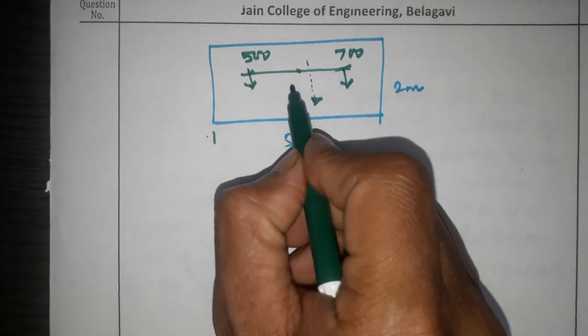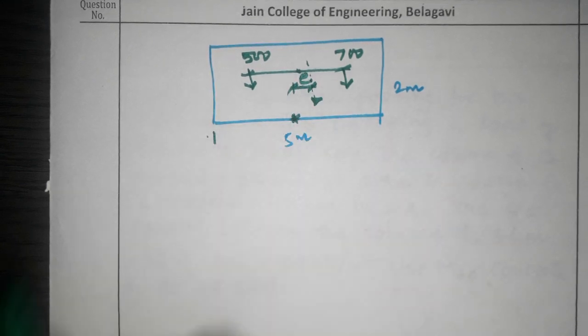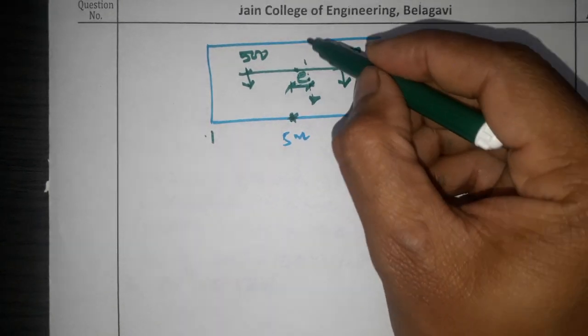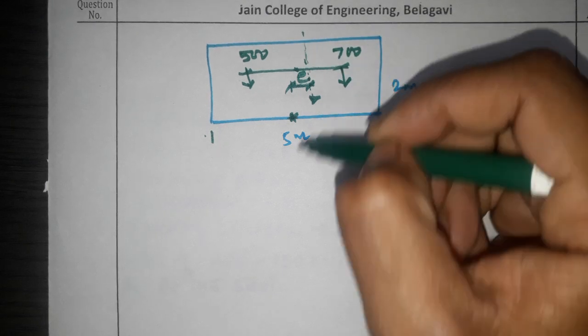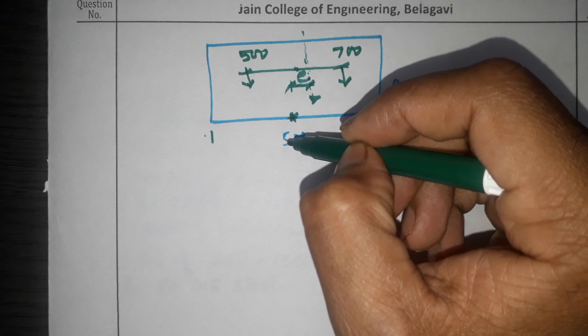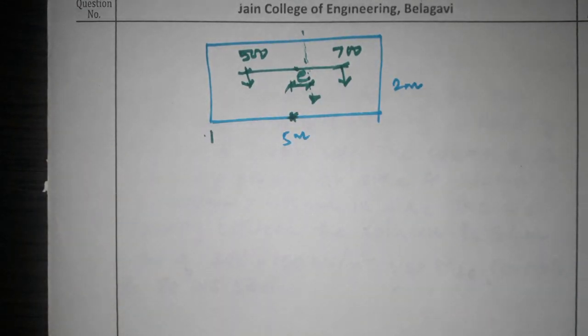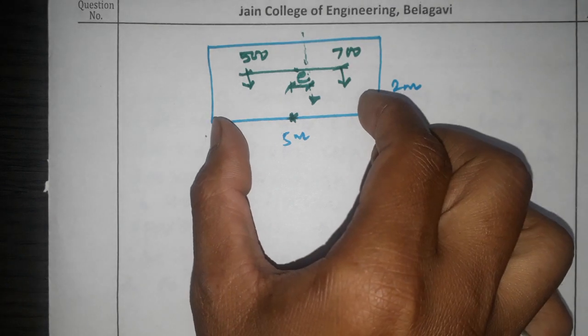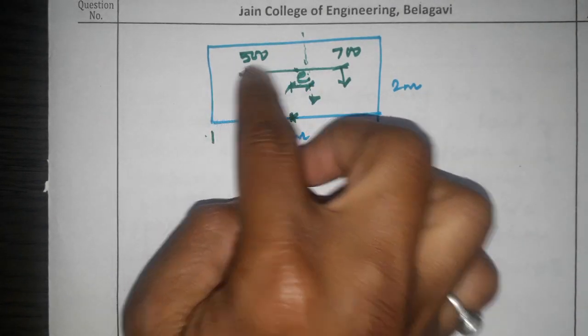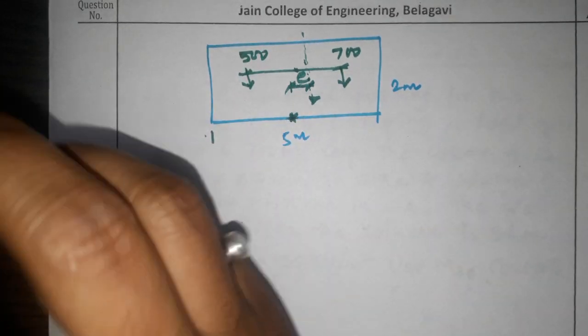What is happening here? There is an eccentricity, because the CG of the load is somewhere here and the CG of the footing is somewhere else. Now what you have to do? You cannot adjust the load here because loads are fixed, columns are fixed.